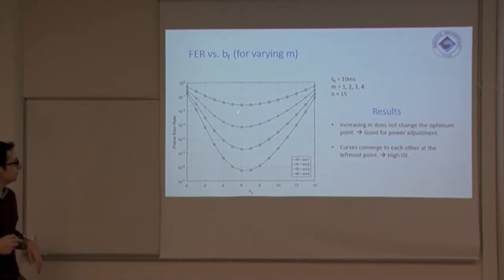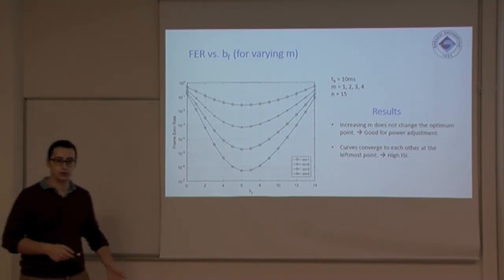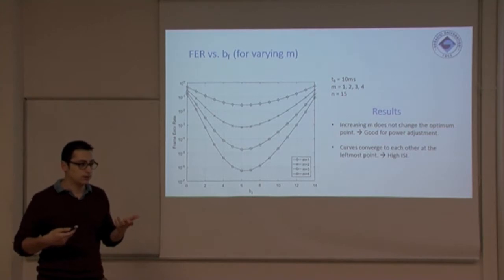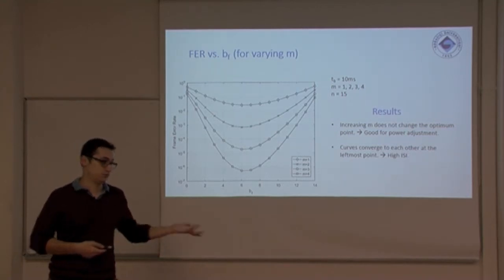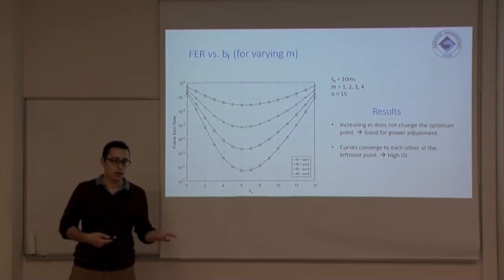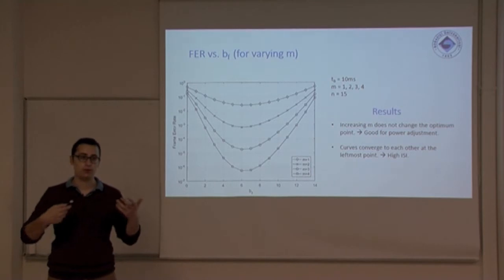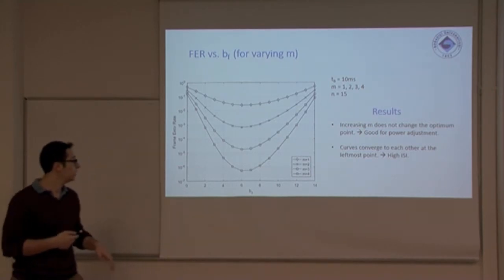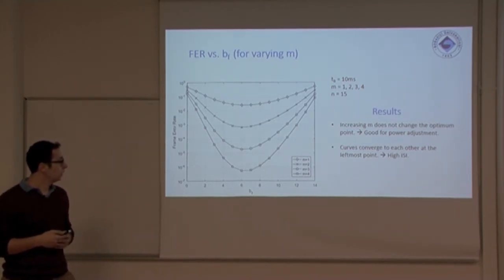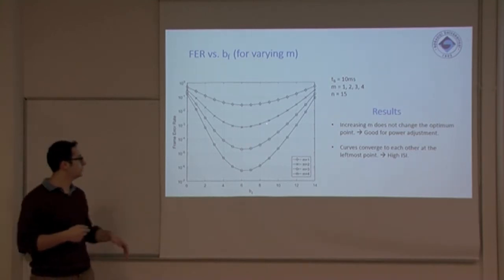And the interesting thing is the communication, of course, gets better as M goes higher because our budget, our power, is higher, so we can associate more power with our signal, which makes it much less noisy. So as M goes higher, naturally, the communication gets better.